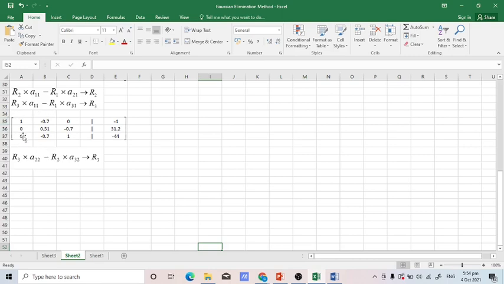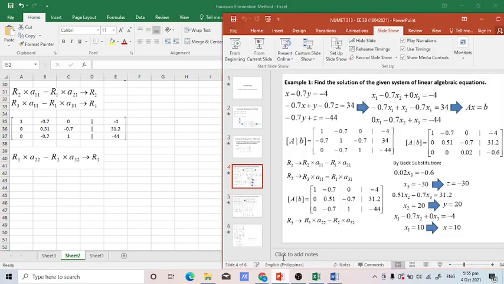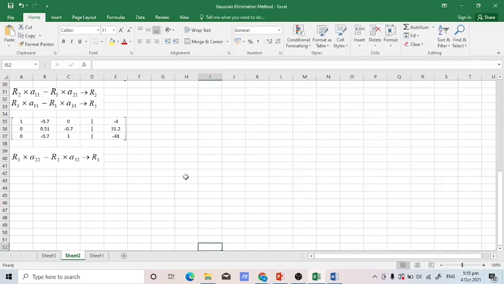Ito yung pangatlo. Simulate natin. Ito naman, R3 times A22 minus R2 times A32. Kung mapapansin nyo, tama yung nakuha natin, right? 1, 0, 0, negative 0.7, 0.51, negative 0.7, 0, negative 0.71, 31.2, negative 44. Okay? So, next step is this.